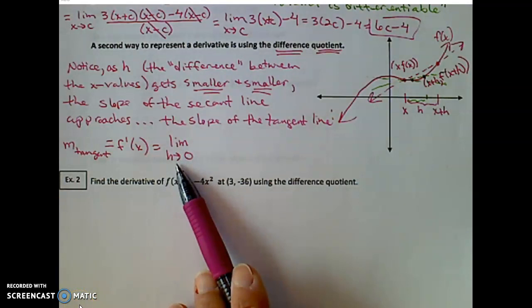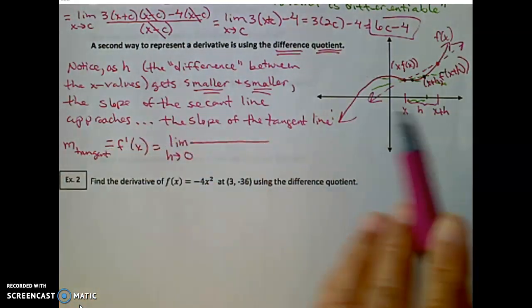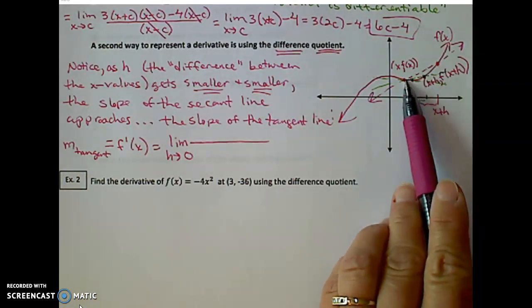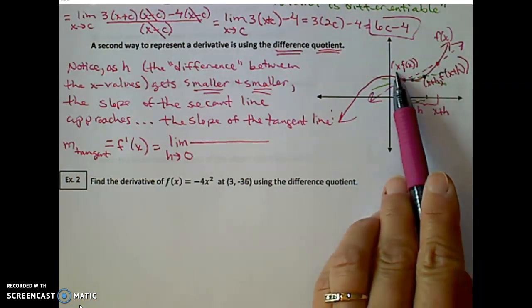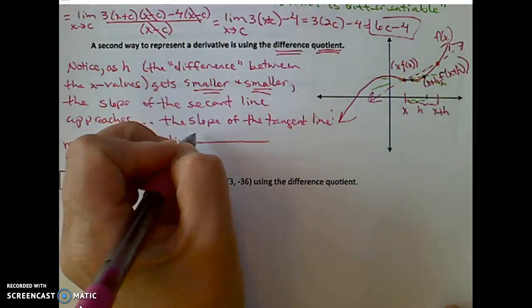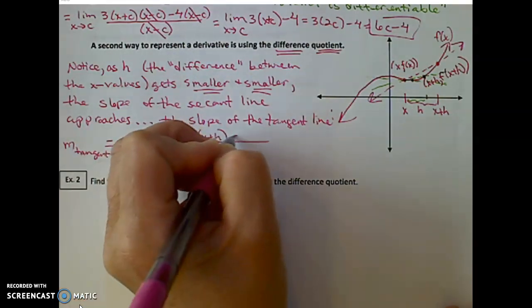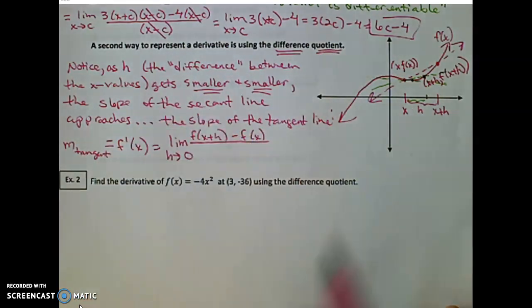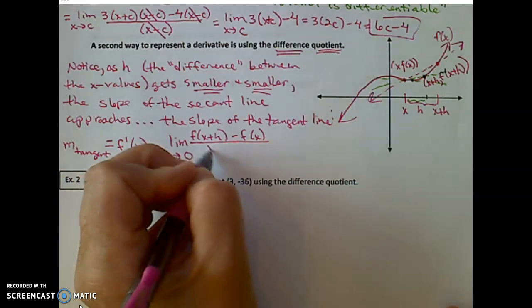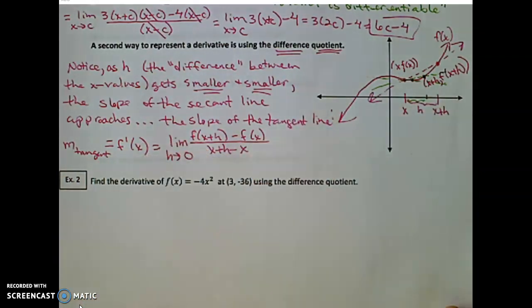The limit as h approaches 0 will equal finding a slope. I'm going to do y minus y over x minus x: f of x plus h minus f of x all over x plus h minus x. Well, that's silly.